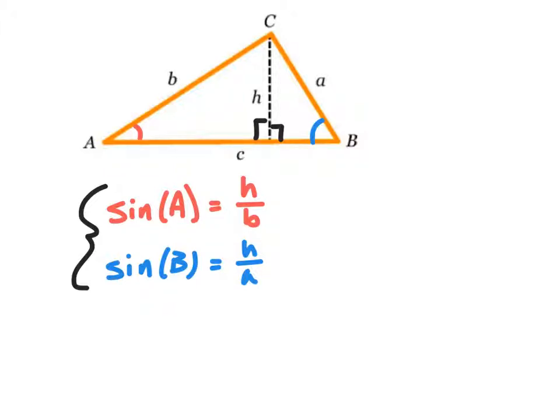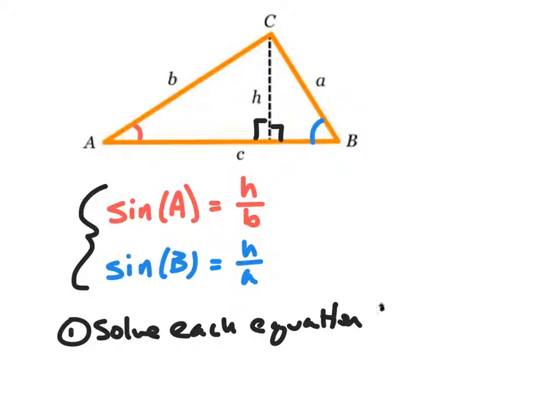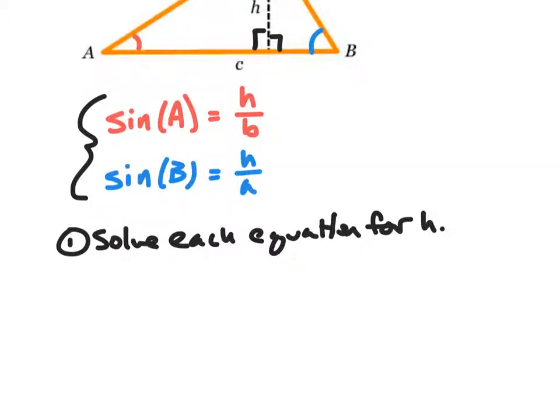So first step, I'm going to solve each equation for h. Let's take sine of angle A is equal to h over b, and let's solve this equation for h.